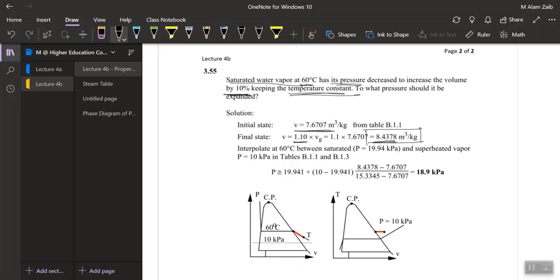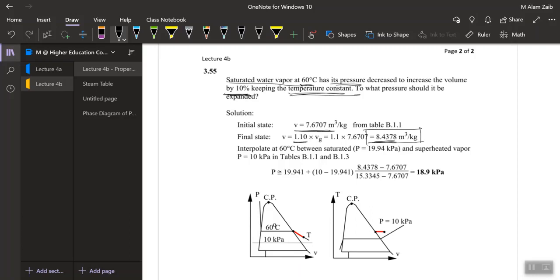So let's go back to the superheated table. In the superheated table, we have to find the temperature, which is 60 degrees centigrade, and the volume, which is equal to 8.4378.